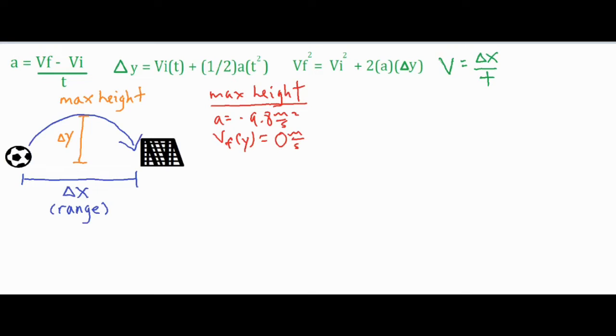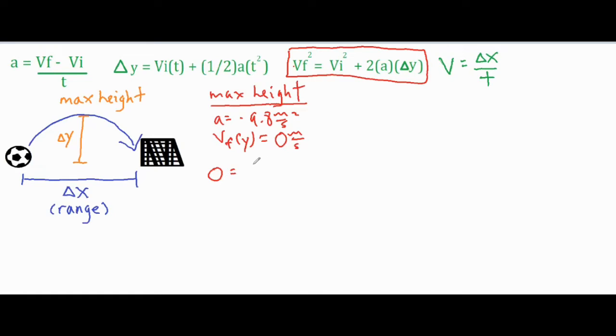That is the instantaneous velocity at its peak, only going vertically, though it does have a little bit of horizontal velocity here. And then from there, we can take a look at this formula right over here and plug in some information to solve for the delta y. On the left side we have vf squared, which is 0 squared, and that is just 0.